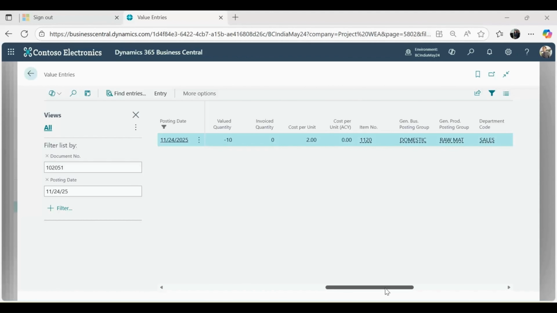The system works like this. First, record what moved. Then, record the cost of what moved. This dual table structure is why Business Central can calculate inventory value, COGS, and profitability perfectly and transparently.